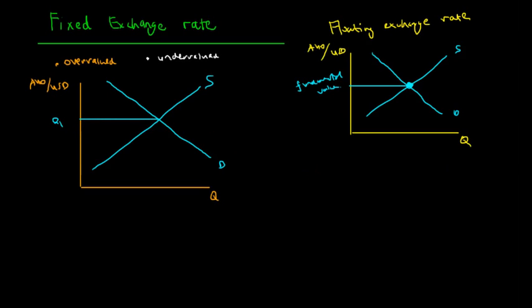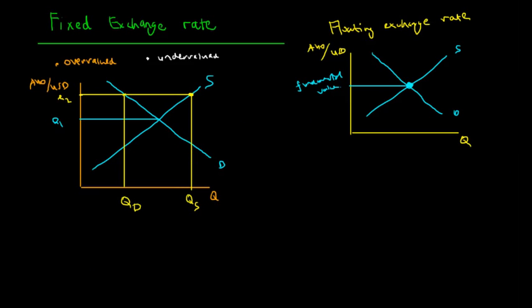But if the government wants to overvalue it, they want the value of the exchange rate to be at E2. And so if we draw a horizontal line across, we can see that the supply of say the Australian dollar to the greenback is here at quantity QS, we're going to call that, and the demand for the dollar by US or overseas residents is only at QD.